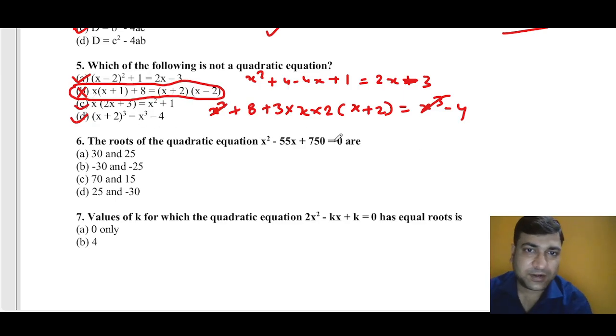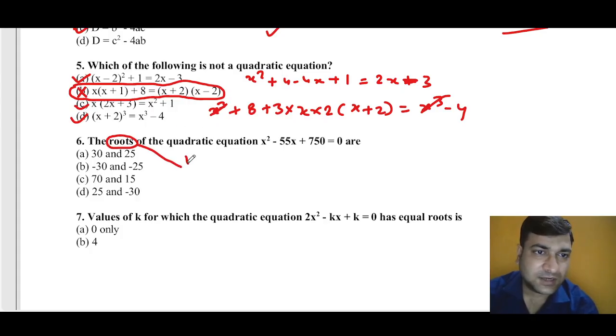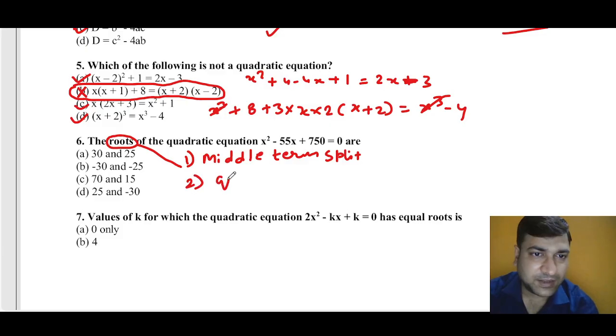The roots of the following quadratic equation are. If in any question they ask to find the roots of a quadratic equation, there are two methods. Number one, by using the middle term split method, splitting of the middle term. And the second is by using the quadratic formula.